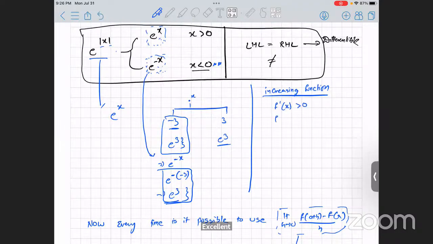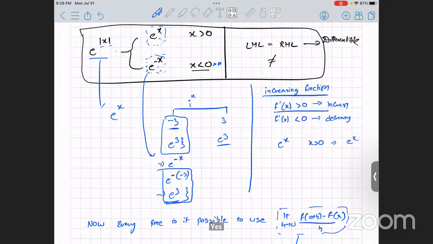If f dash of x is less than 0, it is a decreasing function. Look, if x is greater than 0, what will happen?